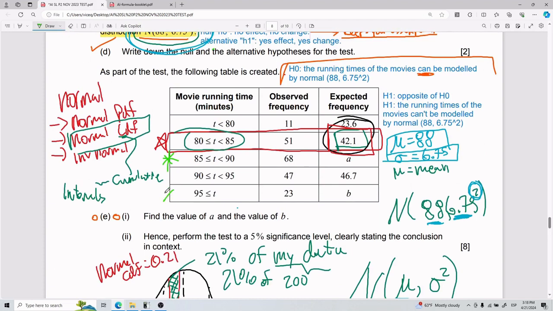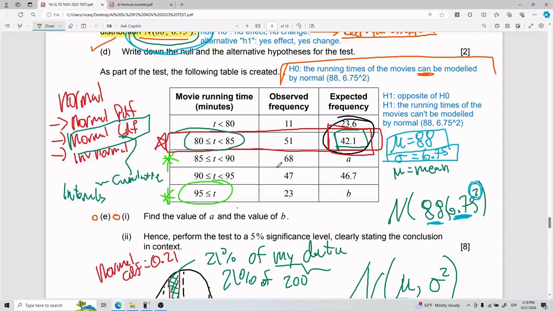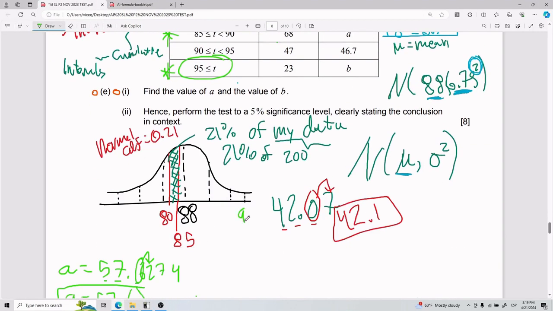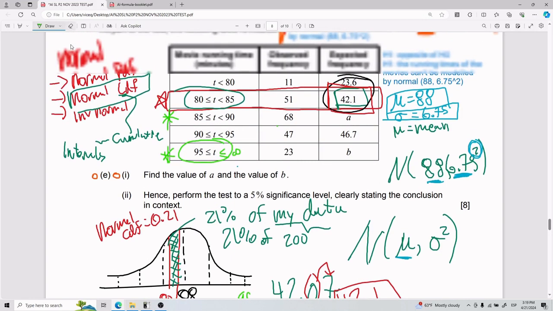And for B, over here, notice how it's t above 95. And so this is a little bit weird because you might be thinking, okay, so I'm going to put a lower of 95, but what do I put for upper? Think about it this way. You have 95 over here, and your upper is infinity. So it's any value of t that is above or equal to 95.